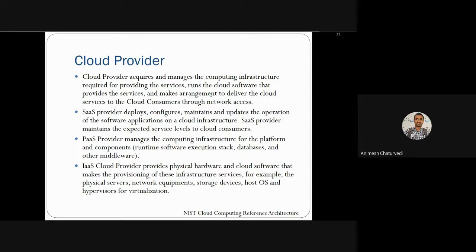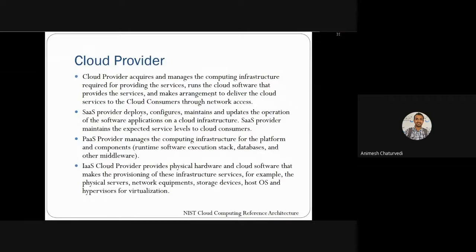What does an infrastructure as a service provider do? They provide hardware. They provide cloud software. They provide provisioning of infrastructure. For example, they have various physical servers, various network equipment, various storage devices, host operating systems, and hypervisors for virtualization.